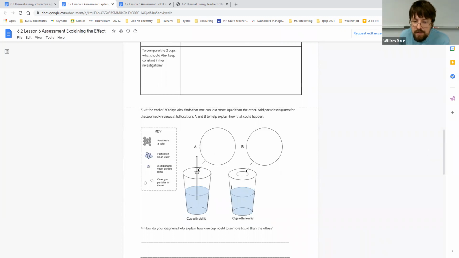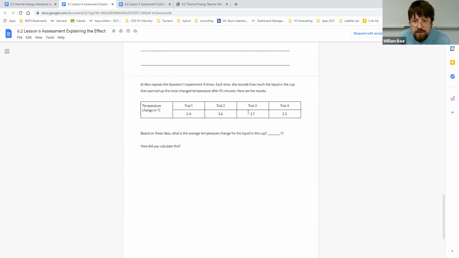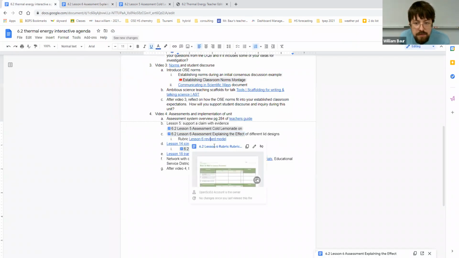They're doing some more modeling, looking at the particles. The students are given some data and have to write a conclusion. So that's just a brief overview. I'll show you what a rubric looks like.